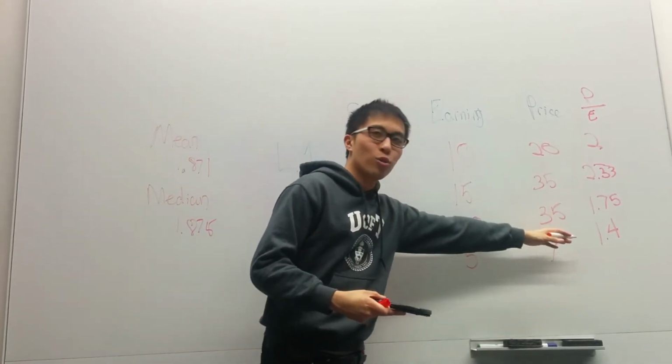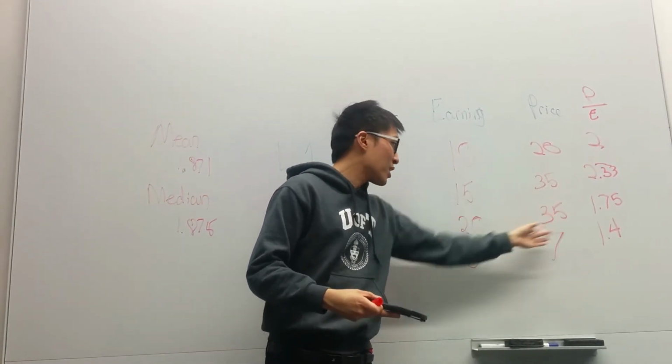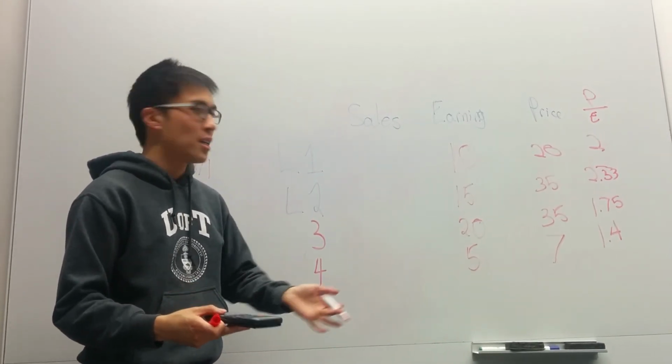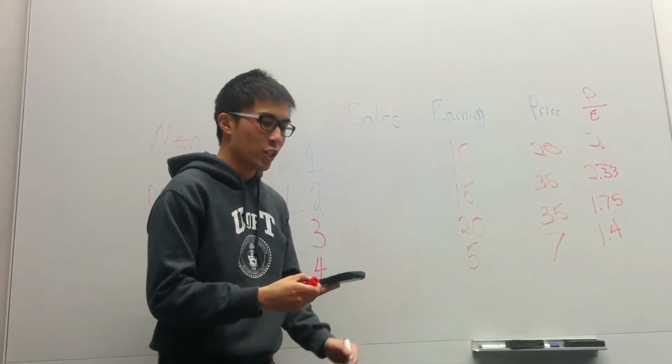Sometimes if you feel this one is too low, that's why you have to pick the right comparable. Some people might exclude outliers because they might be seen as companies that aren't very comparable because, for example, company 4 might be in a special situation.